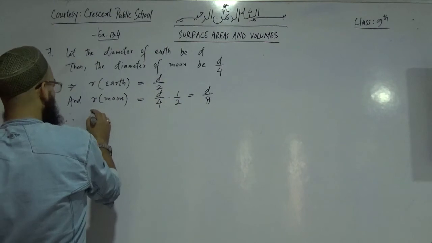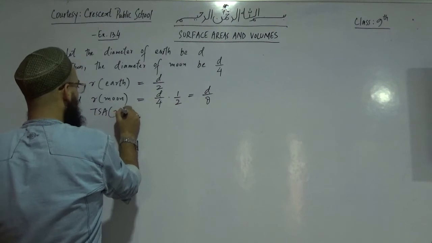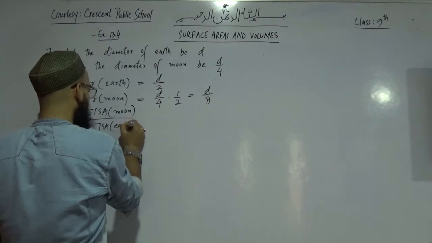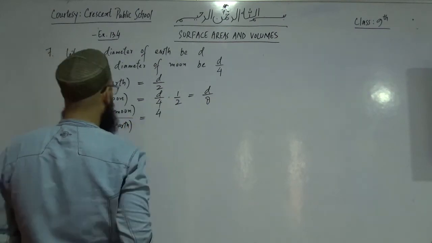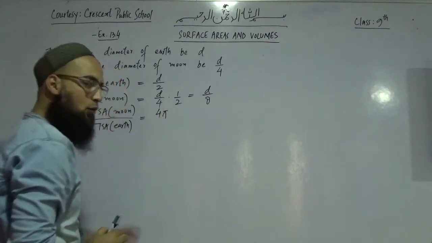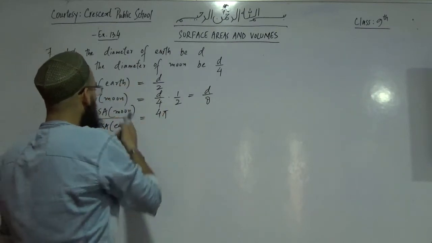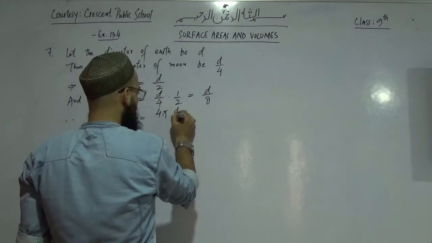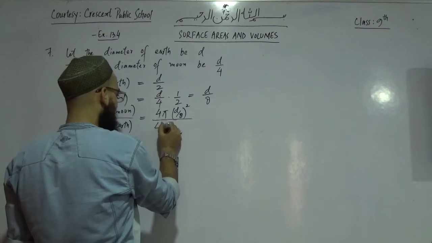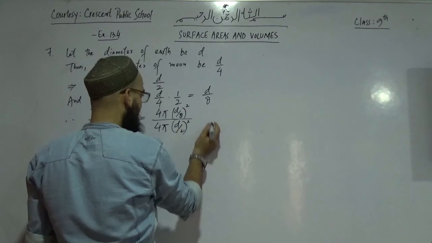Therefore, total surface area of moon divided by total surface area of earth is equal to 4 pi r square, the surface area of sphere. 4 pi, r of moon is d by 8. So it's d by 8 square divided by total surface area of earth, 4 pi, radius of earth d by 2 square.